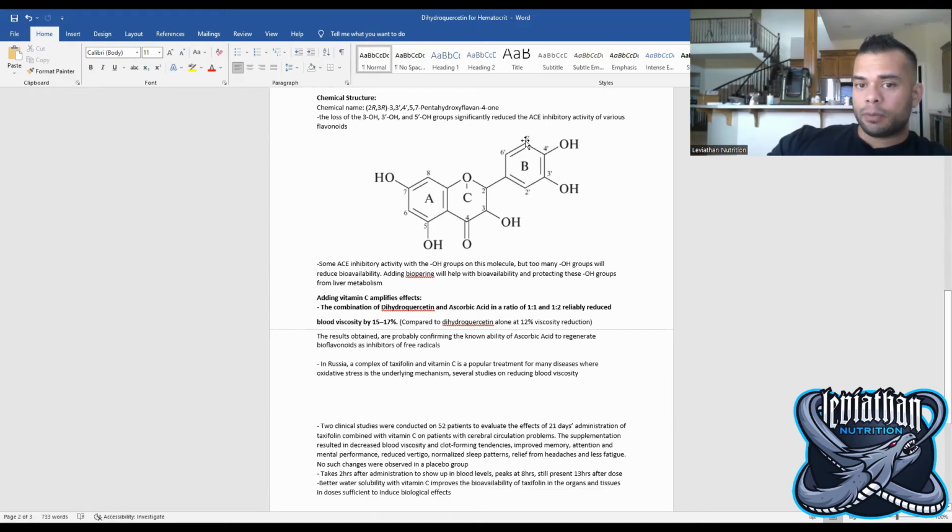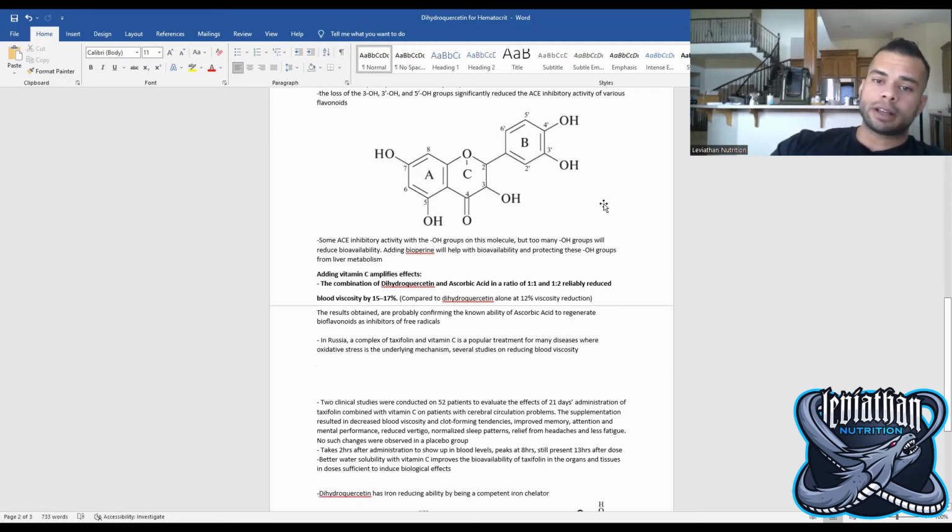Here's the 5', where we do not have a 5'-OH group on this molecule, but we do have the 3'-OH and we do have the 3-OH. So we do have a good bit of ACE inhibitory activity from this molecule, which again can be beneficial for something like blood pressure.